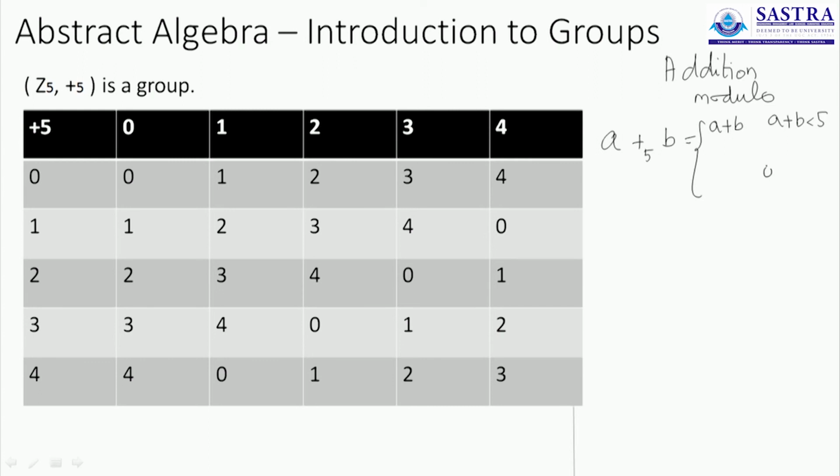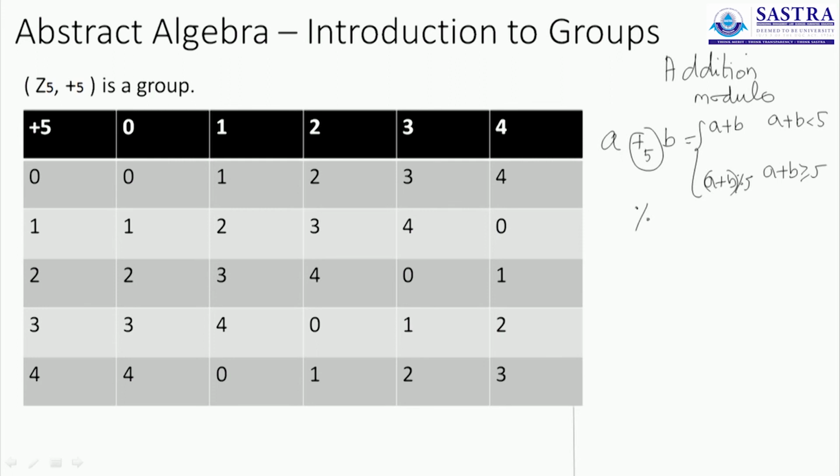But if the answer is greater than or equal to 5, I divide that answer by 5 and return the remainder. Most of you who are aspiring to become an MCA graduate or a BCA graduate might know what this operation stands for. It returns the remainder. So if a number is greater than or equal to 5, the operation returns the remainder after dividing the total by 5. If it's less than 5, the number itself is returned.